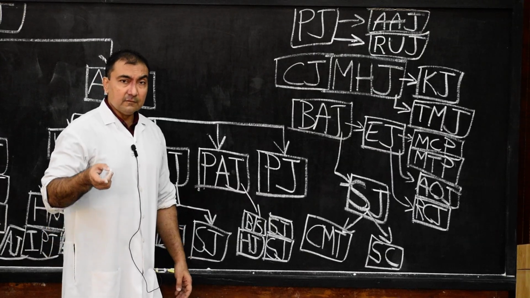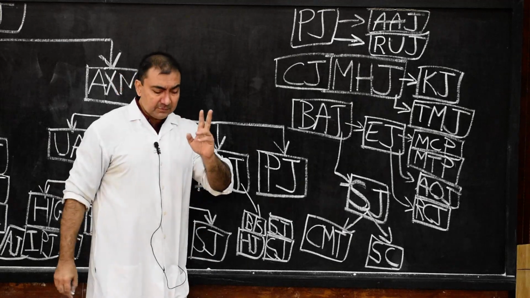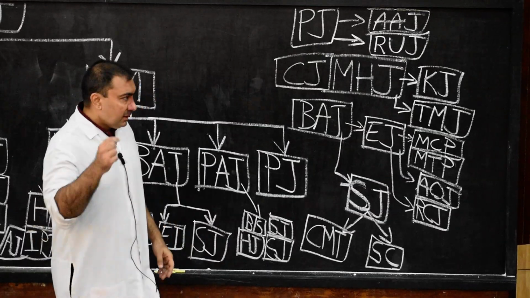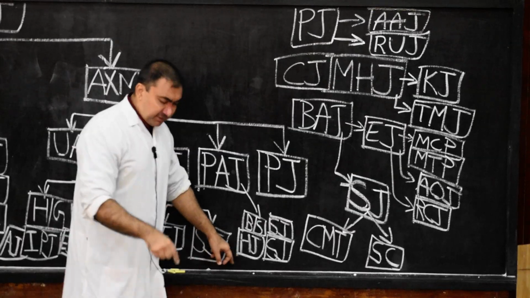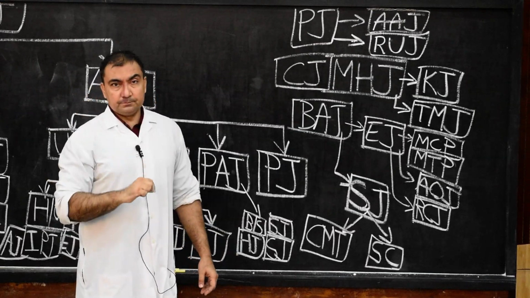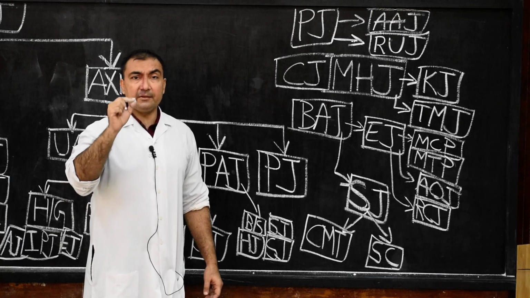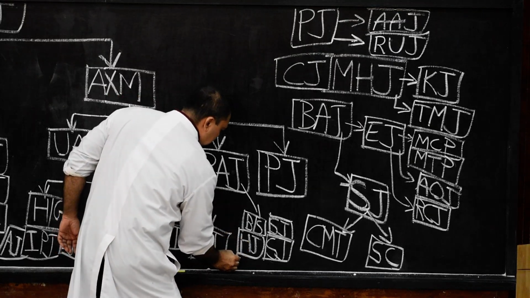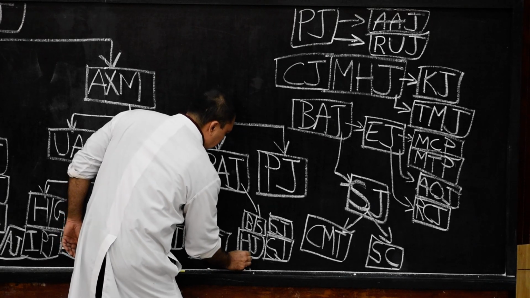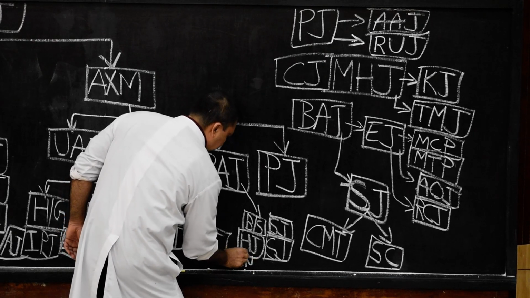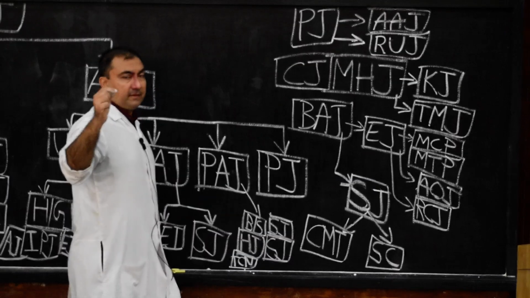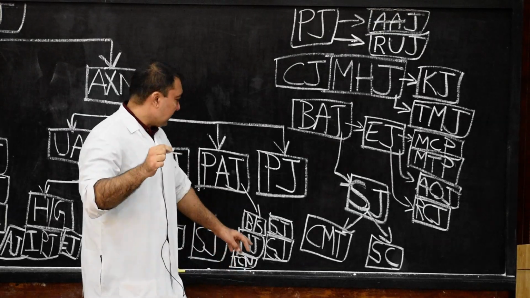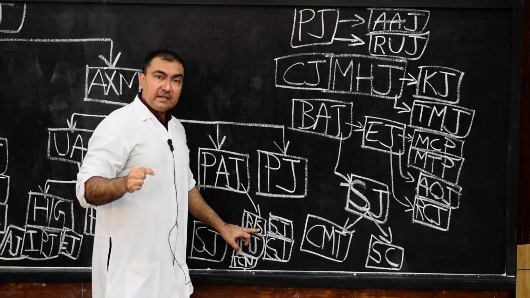And another 2 examples which are routinely asked in 1 mark question answers or in MCQ. The joint which is present in the foot is the talocalcaneo-navicular joint. So please note down, the talocalcaneo-navicular joint is an example of ball and socket variety of synovial joint.